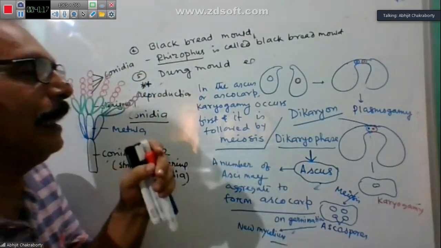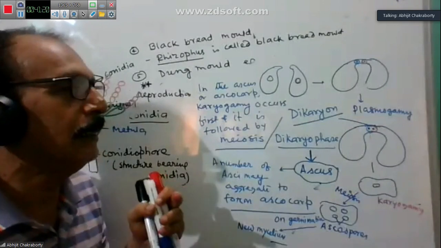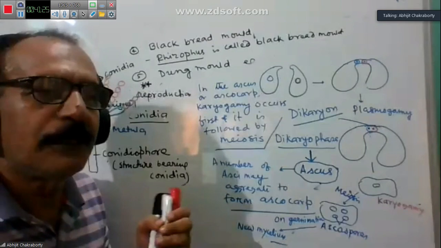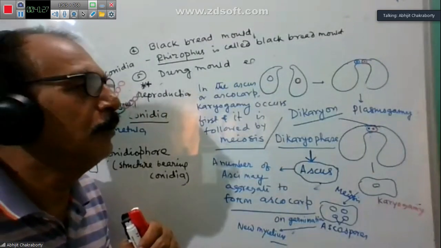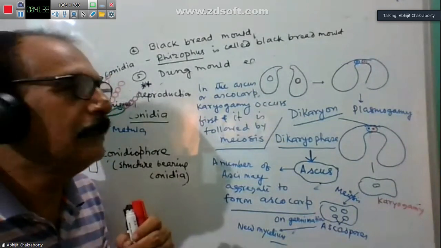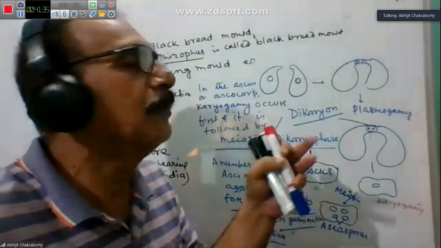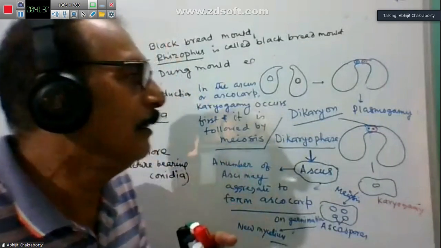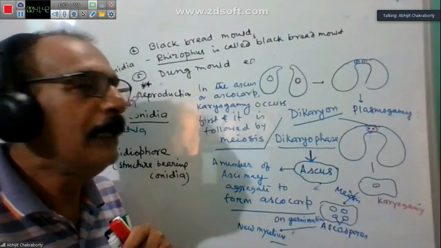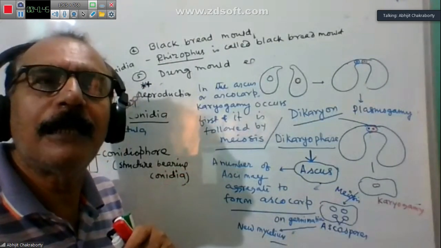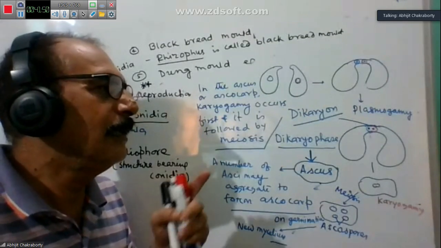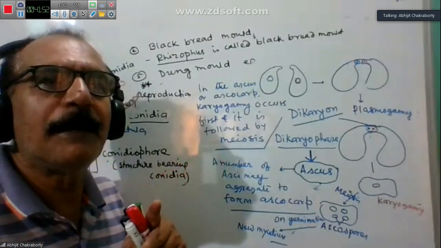So I am repeating it again. During sexual reproduction, initially it is mainly conjugation type, and as you know, at first union of cytoplasm of gametes occurs, which is called plasmogamy, and it is followed by karyogamy, but not immediately. After plasmogamy, a transitional phase is developed, having two nuclei of different types, and this phase is called dikaryophase. The cell with two nuclei is termed a dikaryon.